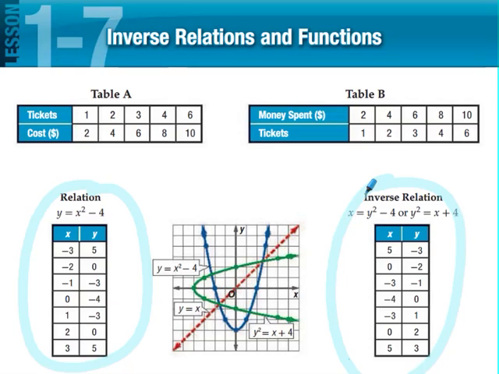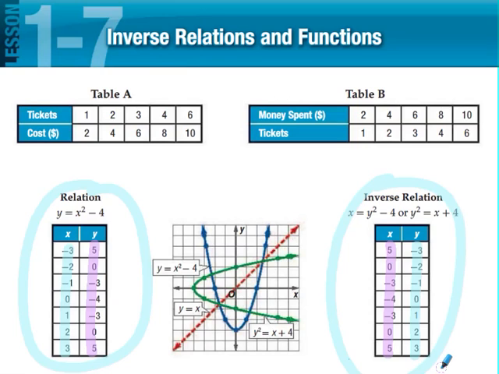The x column here corresponds to the y column here, and the y column here corresponds to the x column here, and that's not a coincidence. If that occurs, these are called inverse functions. They're inverses of each other. Today we're going to look at how you can visually determine if they're inverses, and also how you can determine if they're algebraic inverses.